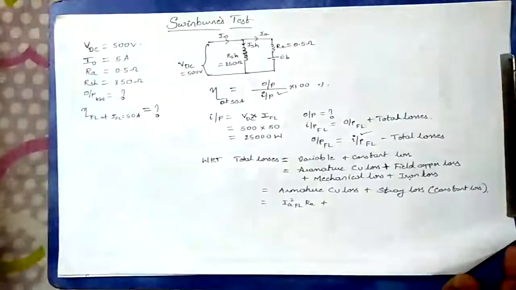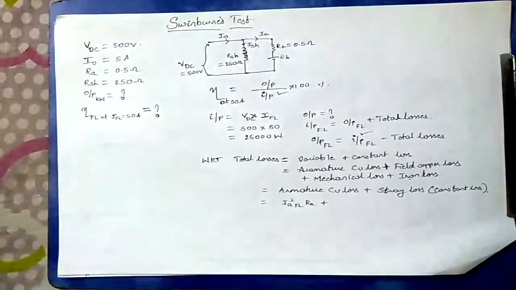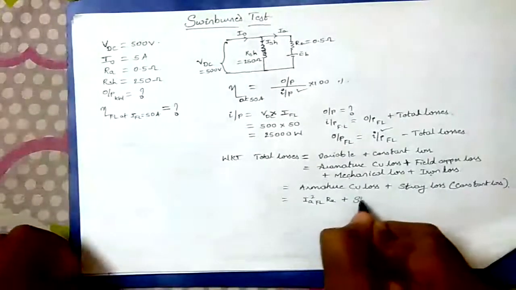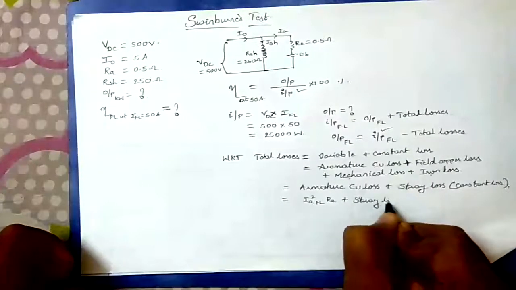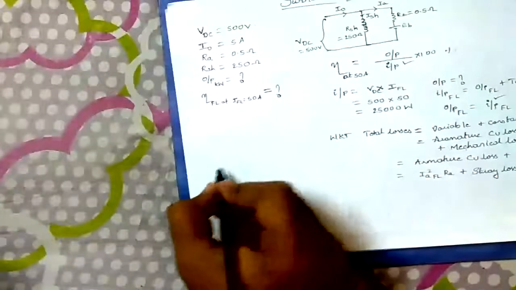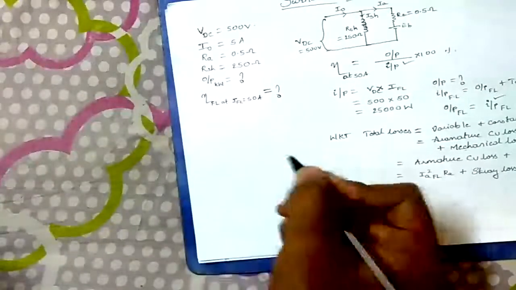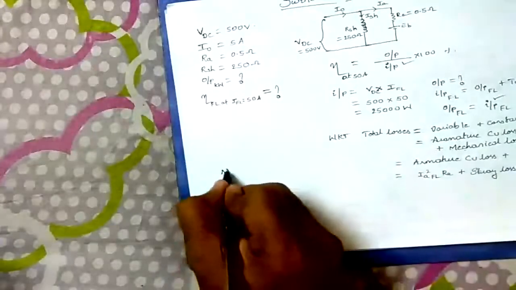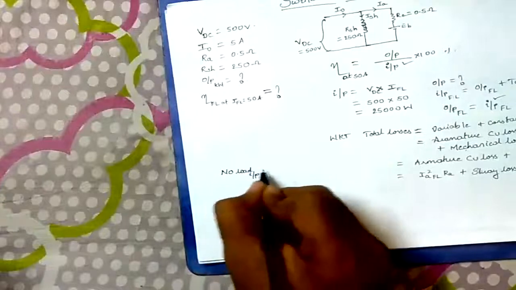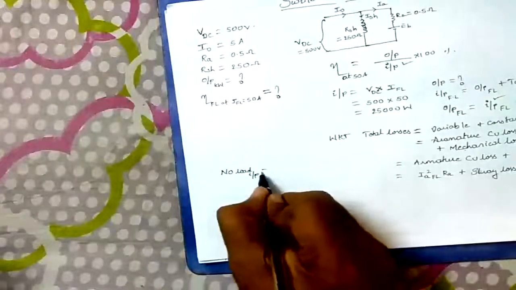And we all know that stray loss can be calculated during the no load test. So I shall just write stray loss as it is and we shall see how to calculate it. Stray loss is basically a constant loss. We know that no load input. Why am I considering no load? Because stray loss everything is calculated during no load itself.